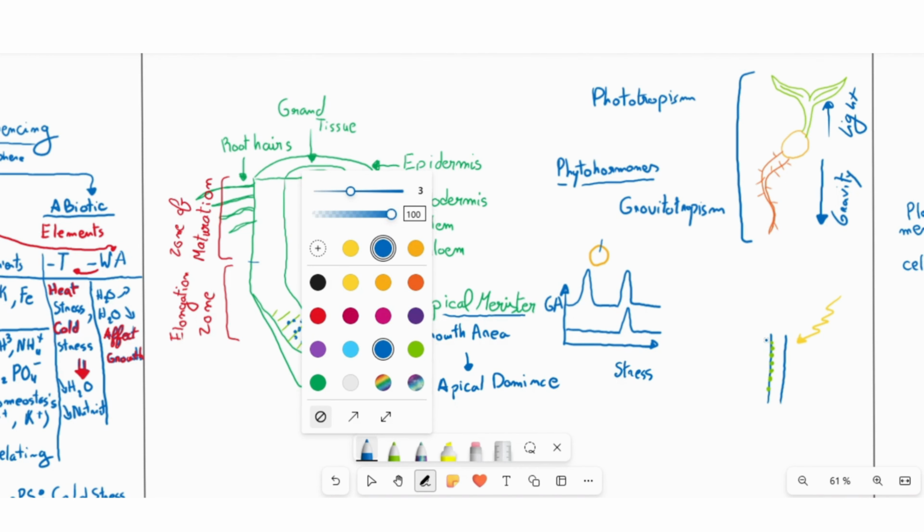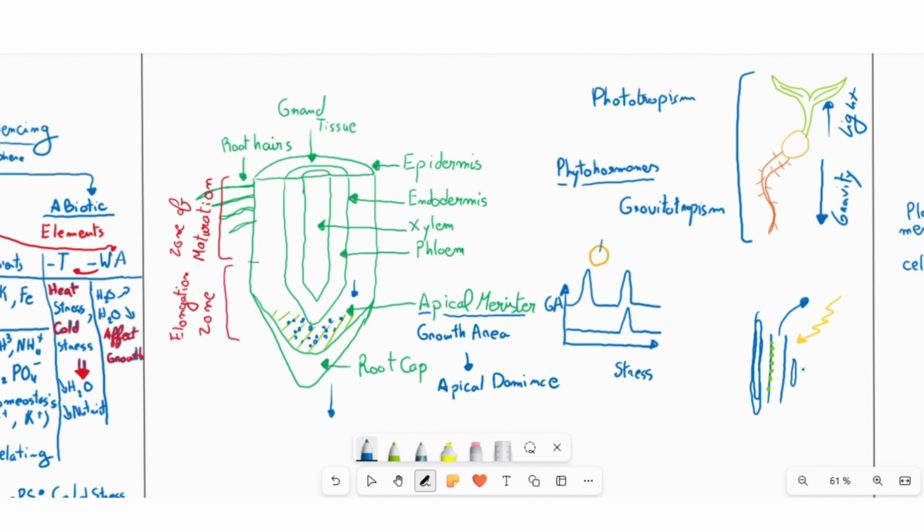And these cells are going to elongate. They're going to grow bigger and bigger, while this one is going to stay shorter. So what's going to happen is this plant is going to tilt toward the light. And the same thing is going to happen if you put a source of light in this direction.